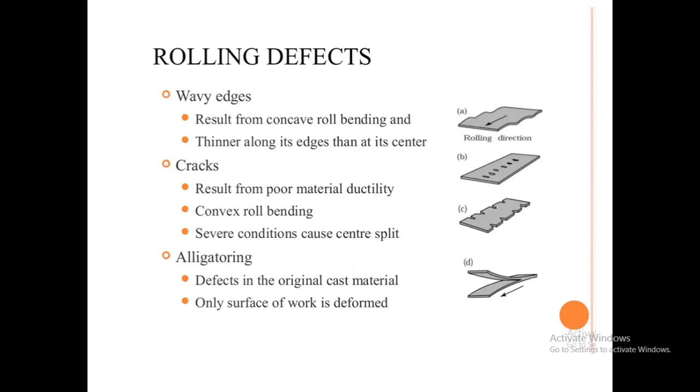There are different types of defects on the surface of materials, such as surface irregularities. As we discussed, wavy edges are one type of defect. Similarly, there are non-metallic inclusions, which means non-metallic material other than metals gets deposited on the surface of the material, and this defect is introduced during the forming process.